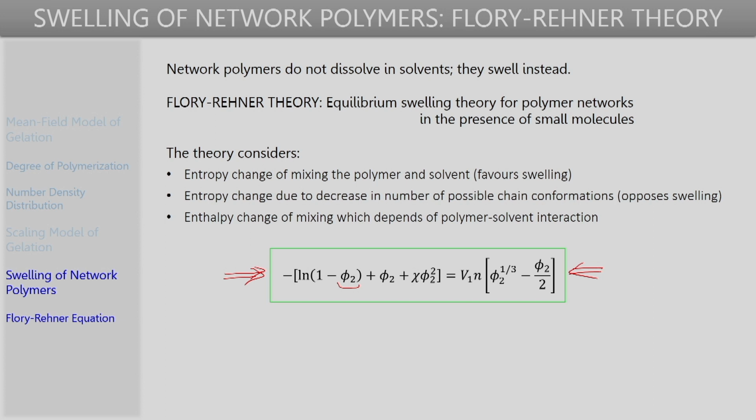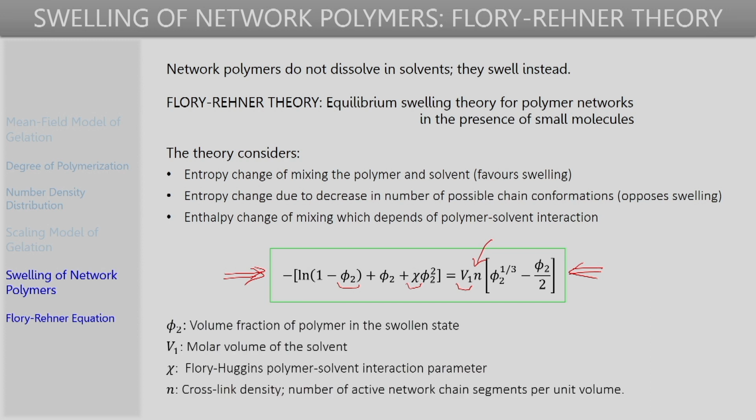Chi is the Flory-Huggins polymer solvent interaction parameter, which we have come across previously. V1 is the molar volume of the solvent, which will also be known, and the N is an interesting quantity. We will discuss what N is briefly.